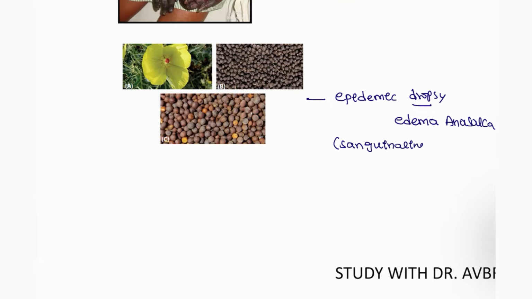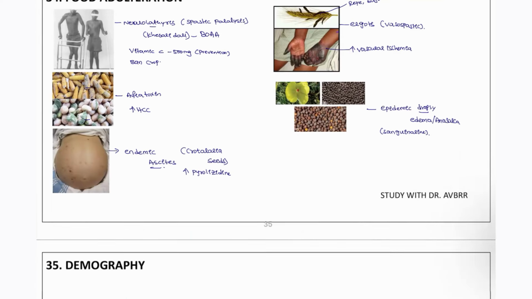Okay, this is going to cause epidemic dropsy. Dropsy means they are going to cause severe edema or anasarca. The complete body will be involved. What is the toxin present here? Sanguinarine. Okay, sanguinarine will be present in this patient, right? These are some of the toxins, associated conditions and toxin names.